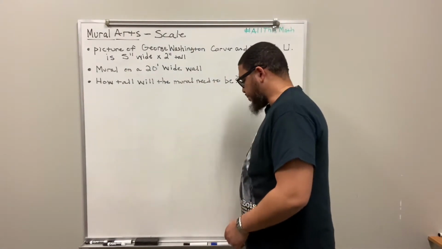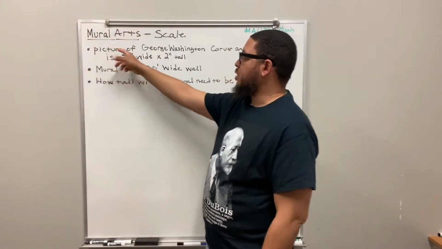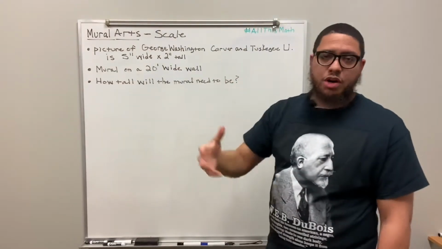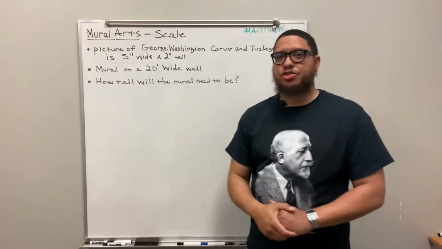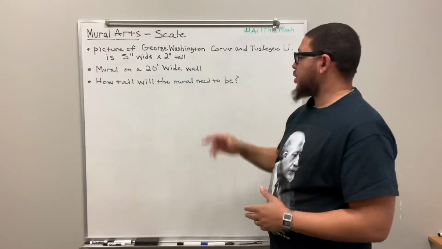So first, you see the first bullet point says there's a picture of George Washington Carver, right? Very well known, very important scientist of the early 20th century, who did a lot of work at Tuskegee University, a lot of good work.